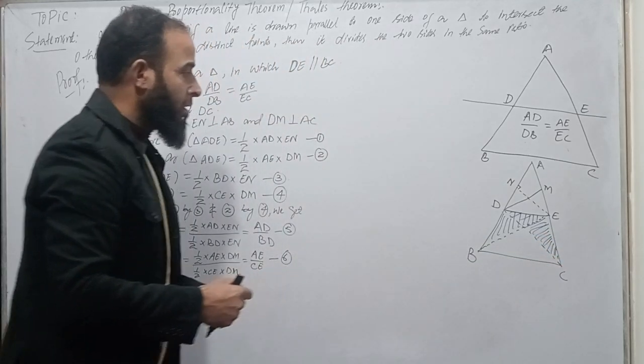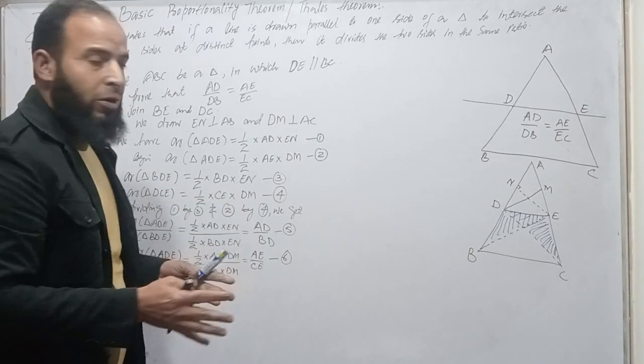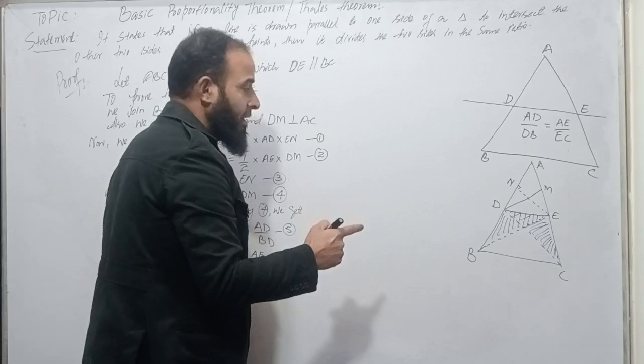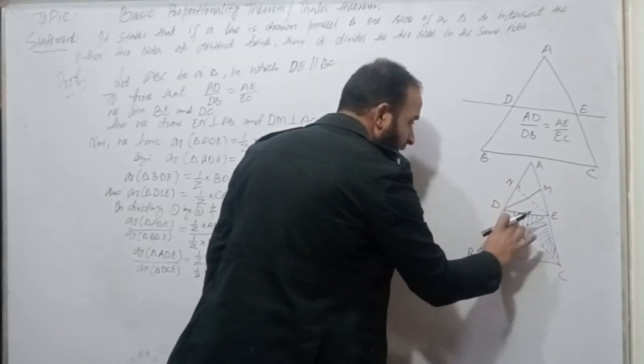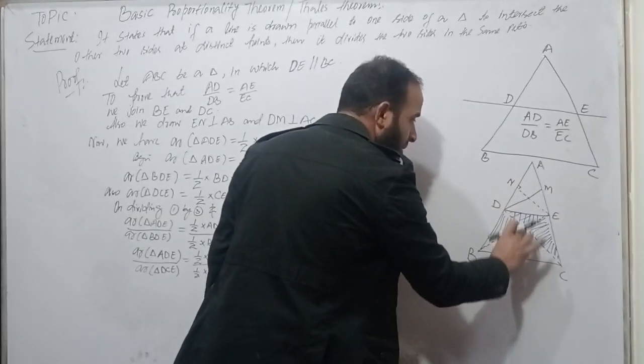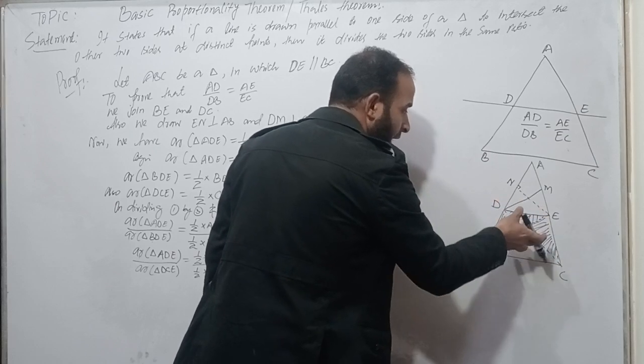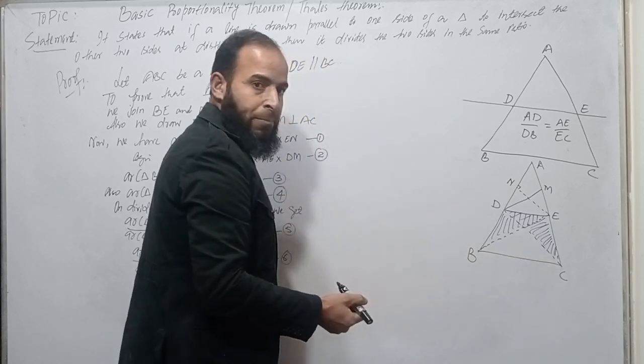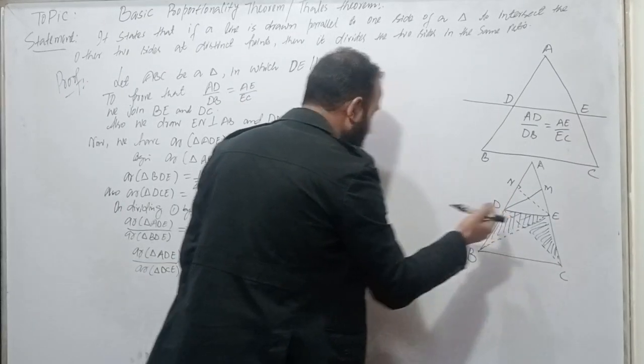What is your thought about these two triangles? Yes, you are right that these two triangles lie on the same base, DE, and between the same parallels, DE and BC.